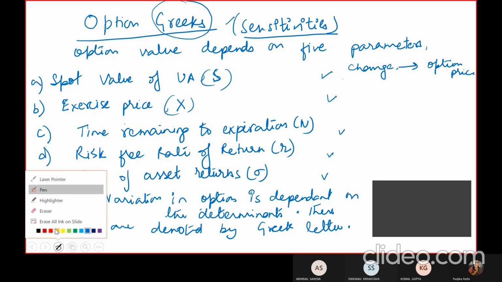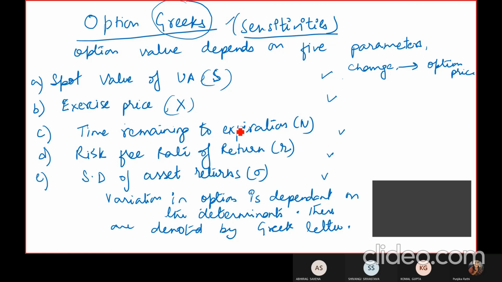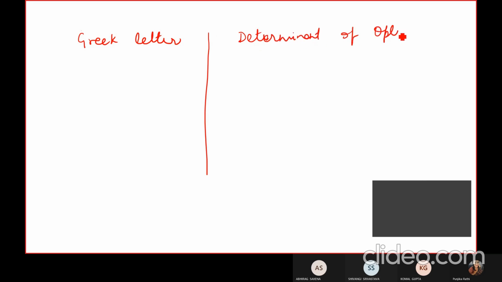So when we calculate, अब यहाँ पे ध्यान देंगे, when we calculate the change in asset price, so इसको यहाँ दिखाते हैं. So here is the Greek letter. We have some Greek letters, and these letters are with respect to the determinant of option price.